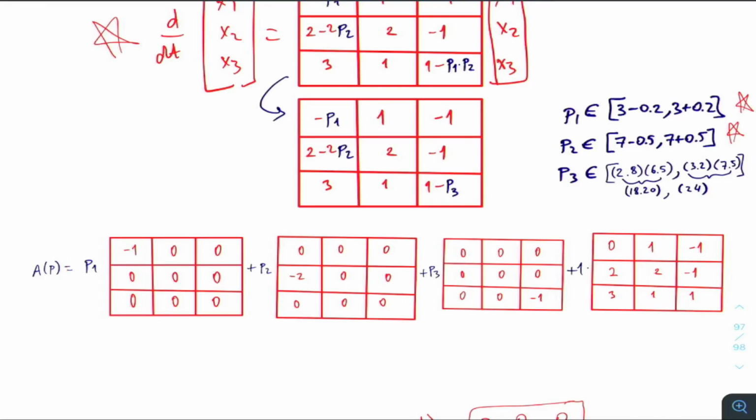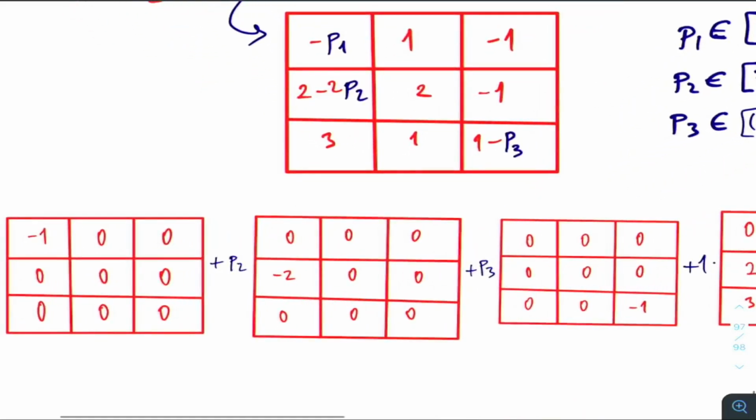If you look at this A of p, these are equivalent. This is -1, here -1, and P2 appears only in one place, -2.